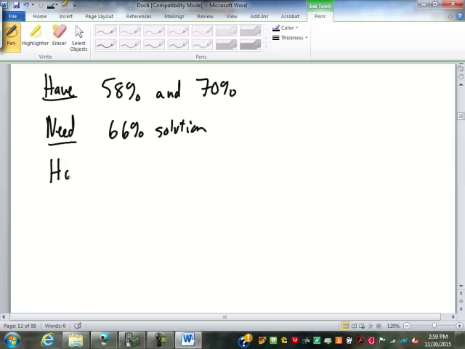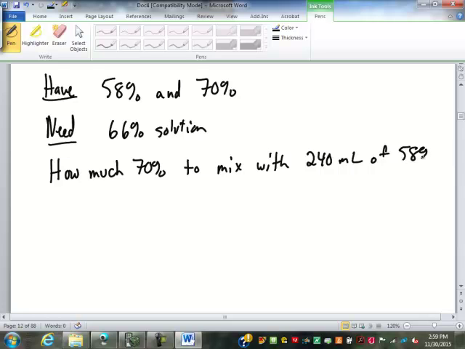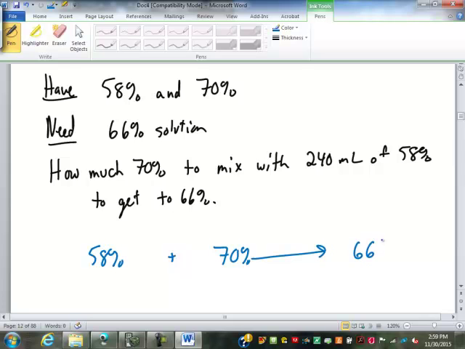So here's our question: how much 70% solution to mix with 240 milliliters of the 58% to get to the 66% solution? So we are mixing 58% and 70% to get to 66%.